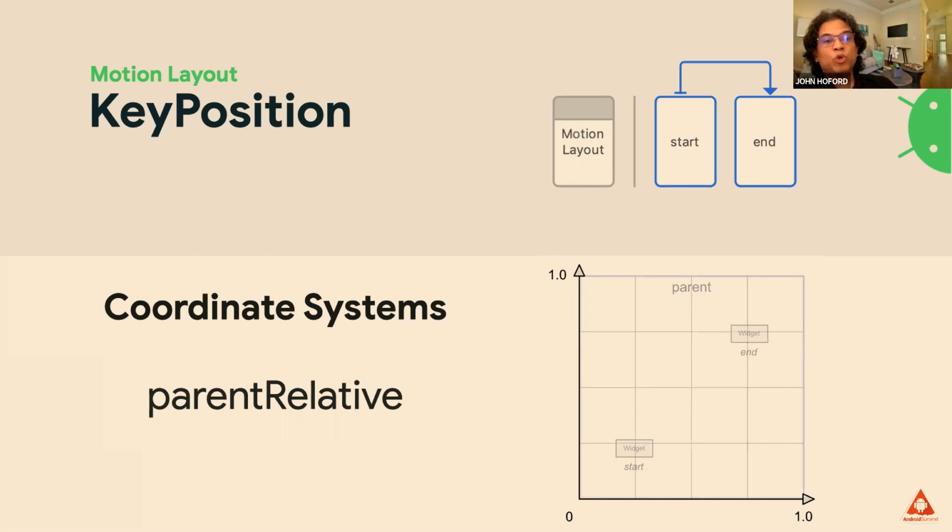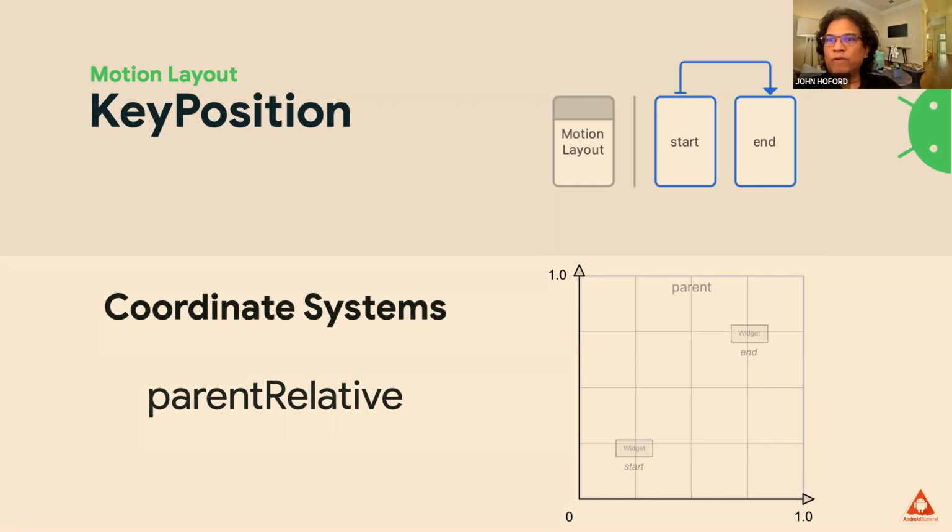The parent's bottom right-hand corner is 1, 1. But we actually have two other coordinate systems, and these are actually needed because when a view moves within a constraint set, you don't know the actual coordinates until it's realized on the phone, because the phone could be in landscape or portrait. It could be a bigger phone or a smaller phone. So you actually need to have coordinate systems that help you with what the motion is going to be.